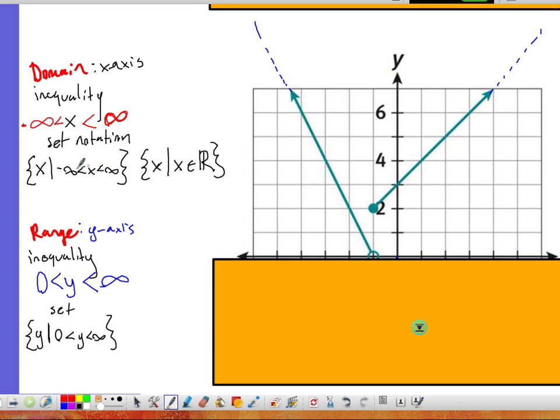So since all my numbers are in my domain, this is what the book uses commonly. My domain is x such that x is an element of the real numbers. That's it.